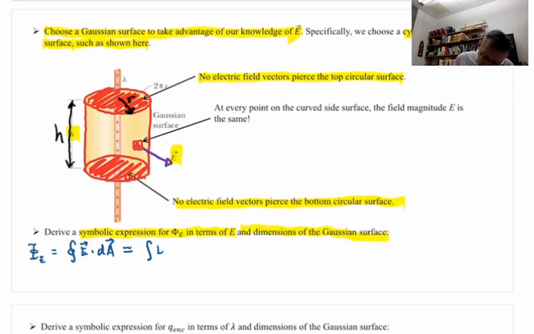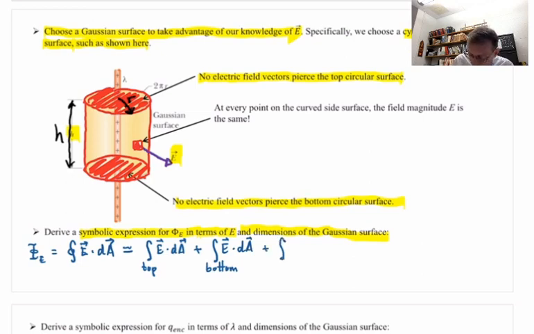The integral of E dot dA over the circular top part of the cylinder, the integral of E dot dA over the circular bottom part of the cylinder, plus the integral of E dot dA over the curved side. Three basic parts to that Gaussian surface, just because it's shaped like a cylinder.